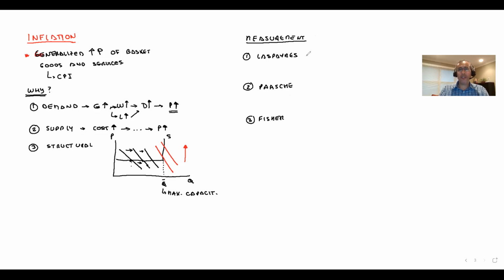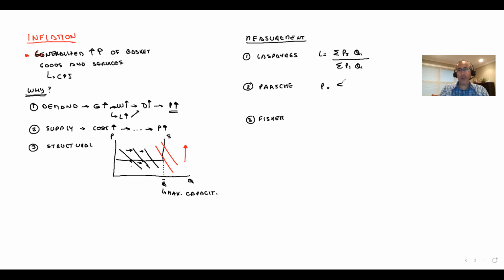So Laspeyres, let's call it L, is simply the sum of P2 over P1. So this is the price at period 2 divided by the price at period 1. And in the Laspeyres, we use the original basket of goods.